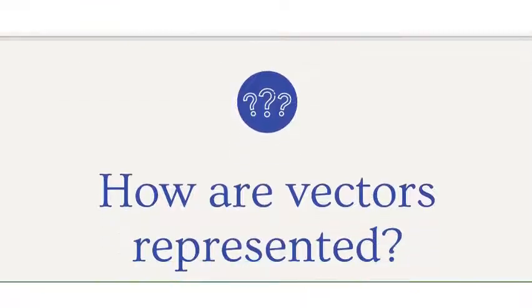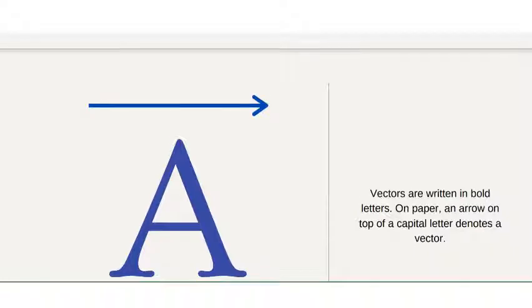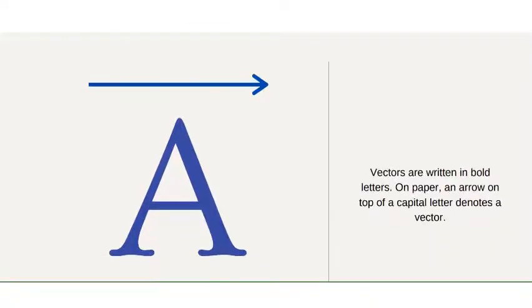Okay, so how are vectors represented? So generally, vectors are represented by bold letters. Pero pag nagsusulat tayo, hindi naman tayo pwedeng mag-bold ng letter A na igaganyan talaga natin. So what we do is just put an arrowhead to signify that this is a vector. Okay, a capital letter with an arrow on top denotes a vector.